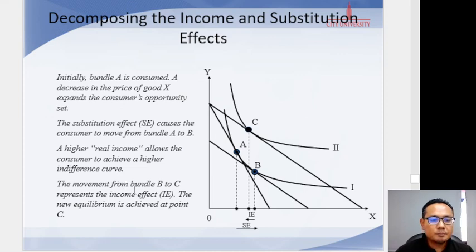So the movement from bundle B to C represents the income effect. The new equilibrium is achieved at point C.